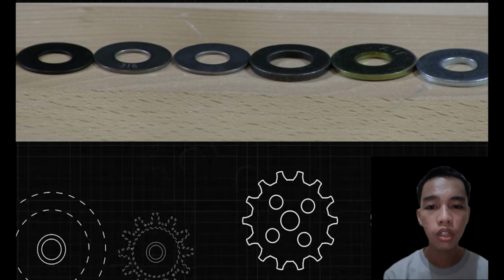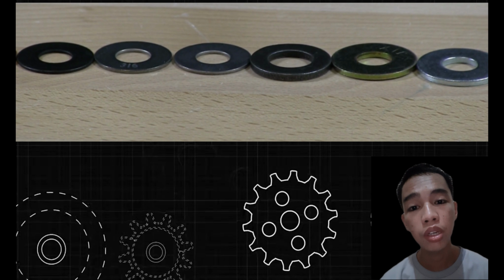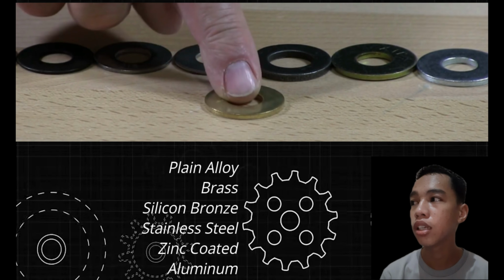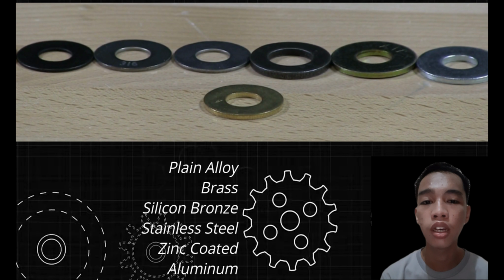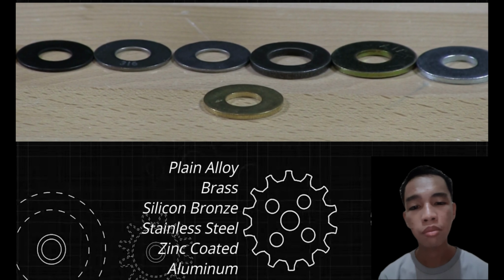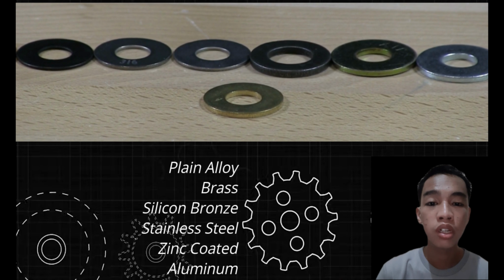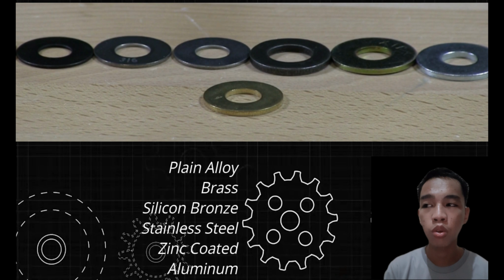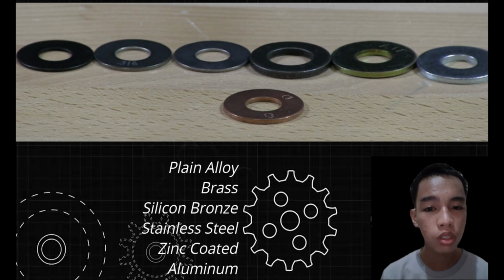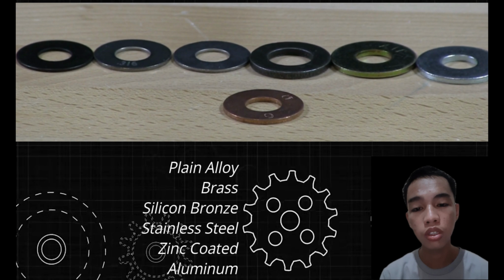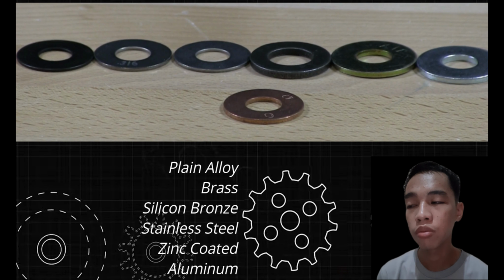So what are washers made of? Washers are made with different materials, just like plain alloy, brass, and silicon bronze, which is mostly used where we really don't want any type of corrosion at all, like in boats and things that are exposed to the environment or nature.